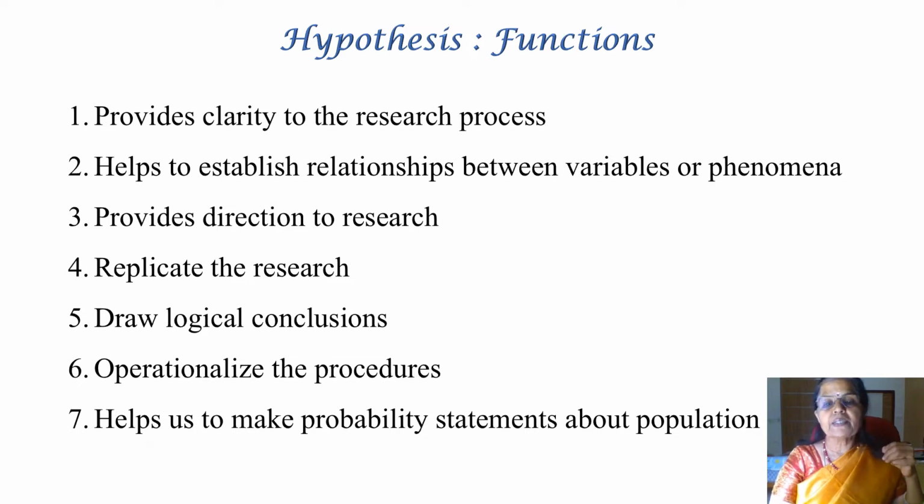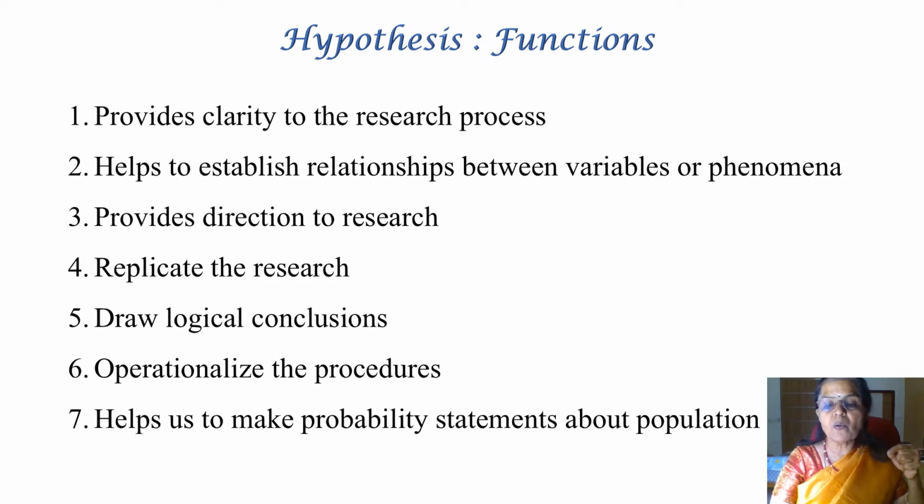I can give you an example of a hypothesis predicting the population parameter. Say, the mean achievement of population of 8th grade students taught by method A differs from the mean achievement of the population taught by method B. Now here, what does the hypothesis say?